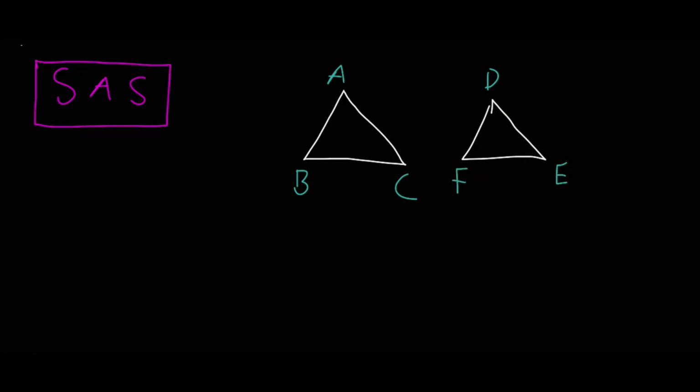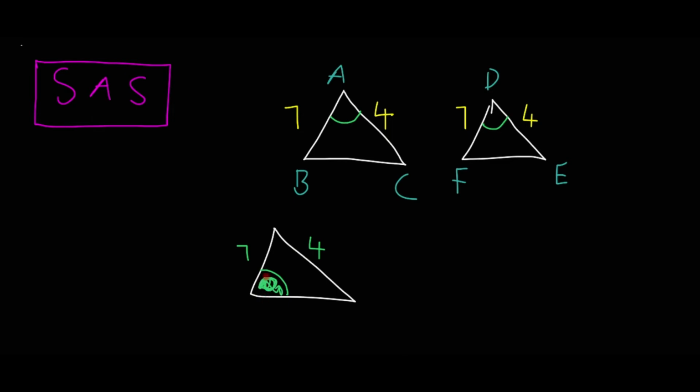Let's say this side is 7 and this is 4, this is 7 and this is 4, and then this angle, the included angle, is the angle between the sides. Let's say in this triangle, this is 7, this is 4, and then there is an angle here.